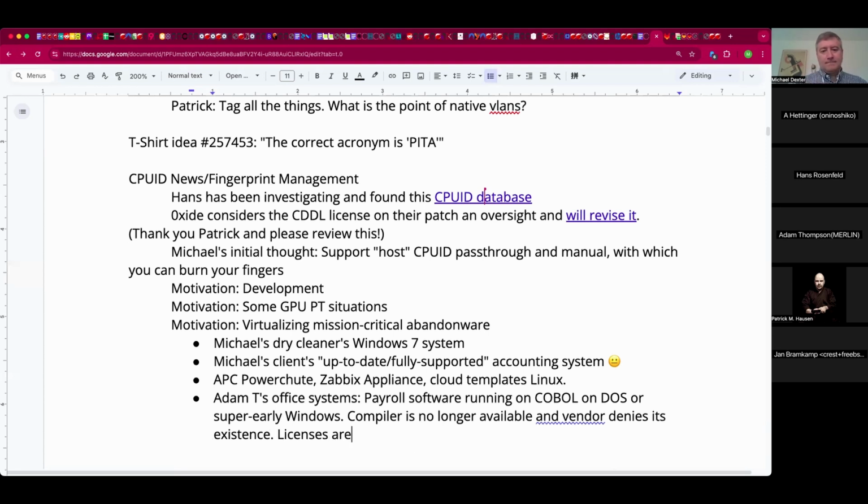The problem with that is that the license for the COBOL compiler that produces the payroll software that ensures people can buy food, ultimately, is node locked to the Windows computer that it was installed on. And that Windows computer in turn is an XP OEM license, which is node locked to that piece of hardware.